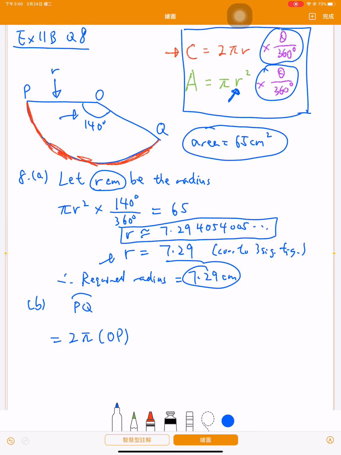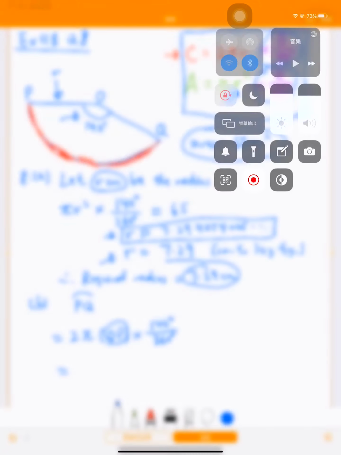It's all okay. And then again we times 140 degrees divided by 360 degrees. Then for here we know that this one is the answer here, right? So we may use back the calculator. I'm going to show you this one.